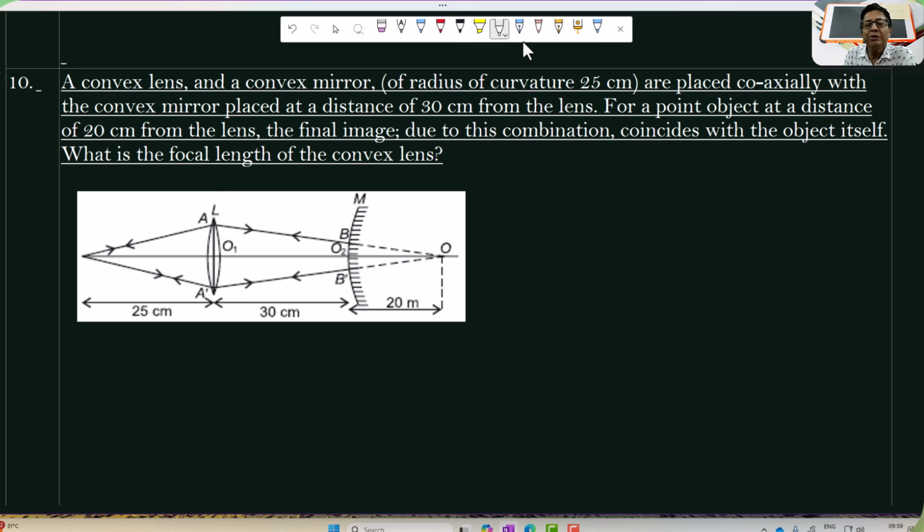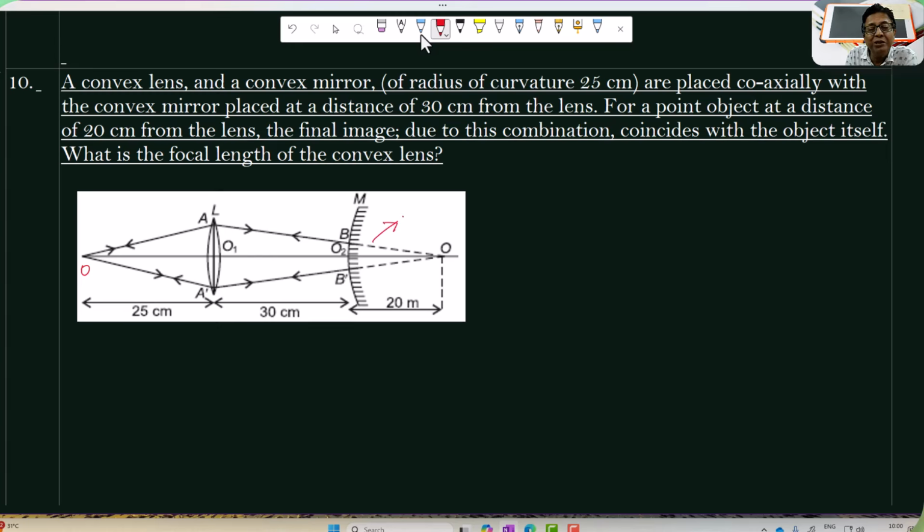This one formed at 20 centimeter will behave like the first object. The object is situated on the left side here. A ray of light going, incident, refracted, then reflected, has to retrace its path. So if it retraces the path, it is possible that it was directed along the normal.